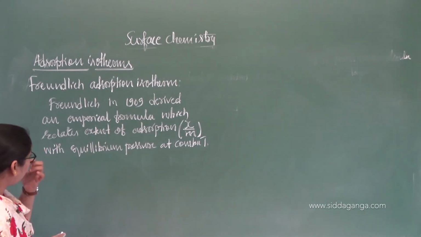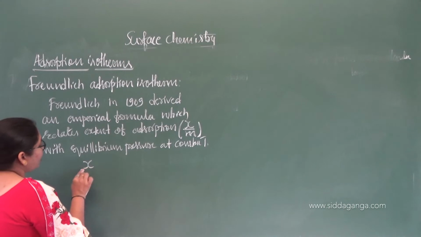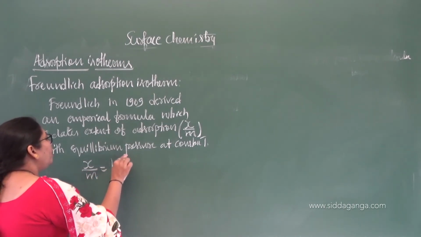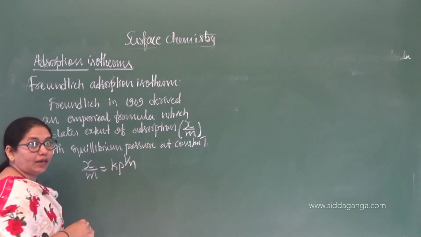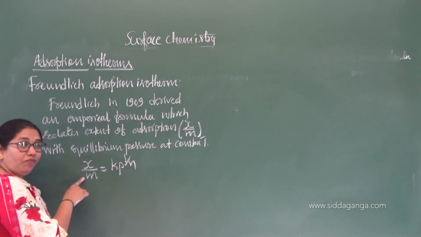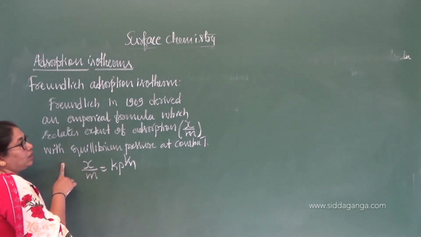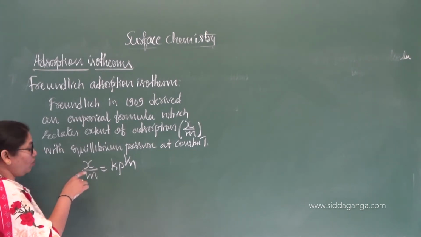Let me write that expression: x by m is equal to k into p to the power 1 by n. This is a very important relationship. When they ask for the Freundlich adsorption isotherm, you have to write it like this.